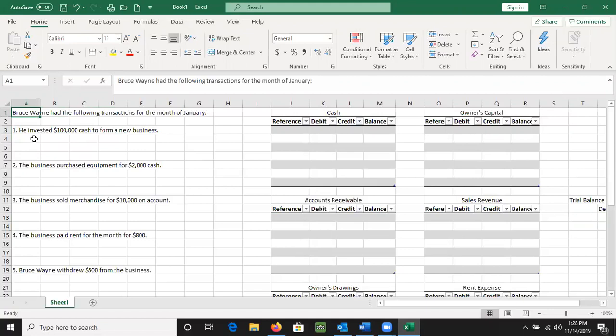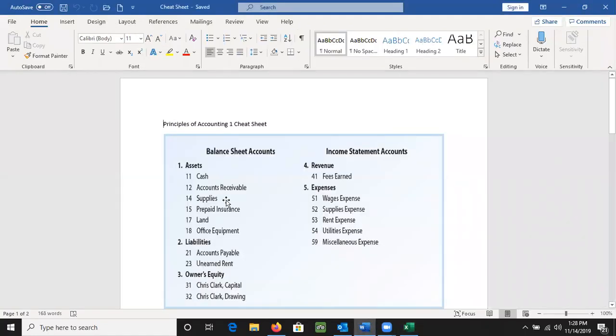If you struggle thinking of accounts, read the transaction, go to the cheat sheet, and see if any of these stand out as something that the transaction talked about. Cash was there. And then since it's an owner, you have owner's capital or drawings. Drawings are only when the owner takes money out, so it has to be capital. All right? So we know it's cash and capital.